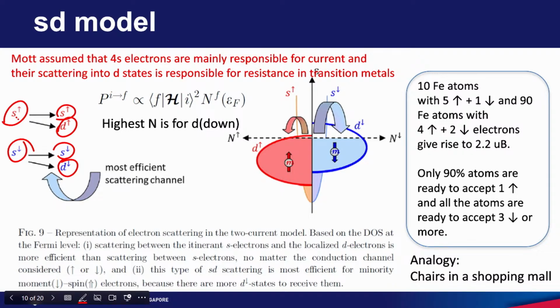Okay. So, let us summarize what we have learned so far. First point is that there are 2 channels for spin up electrons and spin down electrons. Second point is that S electrons are responsible for conduction and they can get into D state, and that is the one that gives rise to resistance phenomena, and this scattering potential is more for spin down electrons.